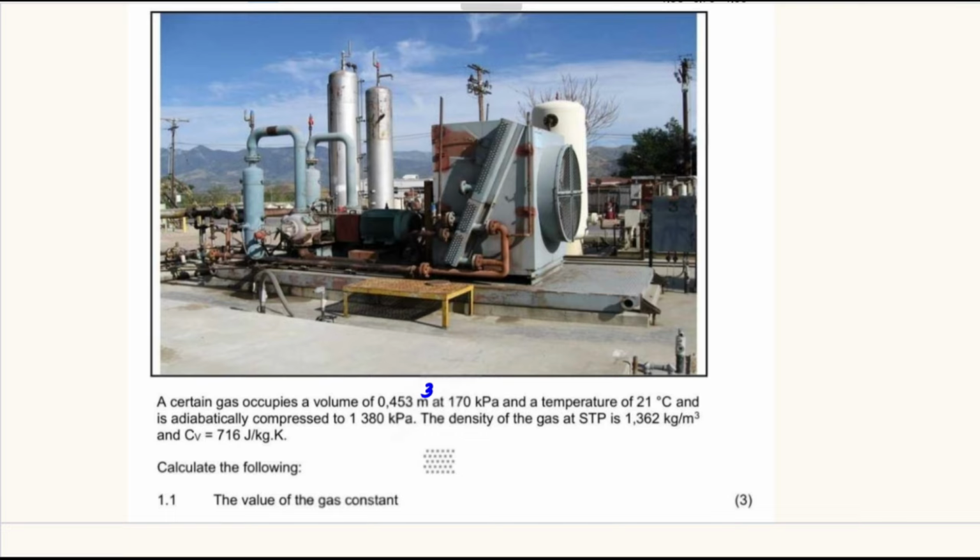The density of the gas at standard temperature and pressure is 1,362 kilogram per meter cube, and CV, which is the specific heat capacity under constant volume, is equal to 716 joules per kilogram kelvins.